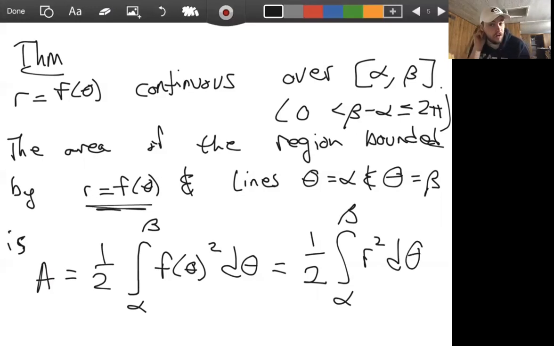And so here is our formula for being able to compute area under a polar curve. We just look at the function and square it and then plug it directly into the integral. And then you take half the value of the integral, and that's your area. So I want to go through one example all the way, and then I want to go through another example that's just a setup so we can see how to solve these types of problems.